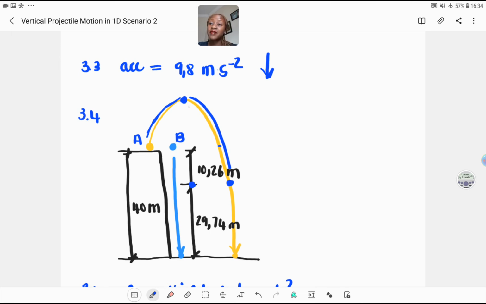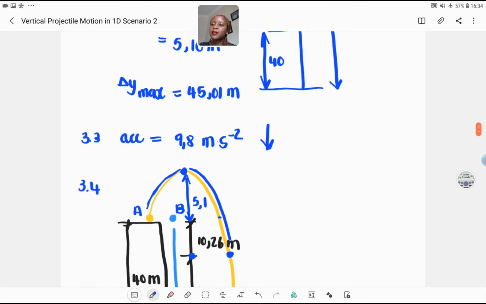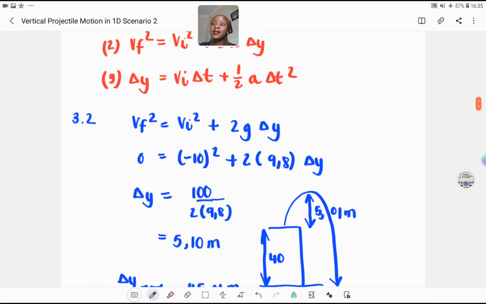I have the initial velocity, sorry. I know what my height is. Okay, so I'm going to have to just use it. I think it was 5.1 or 5.01? Okay, 5.1. So I have my initial velocity, I have my height, I'm just missing the time.